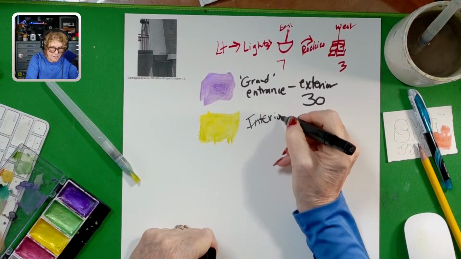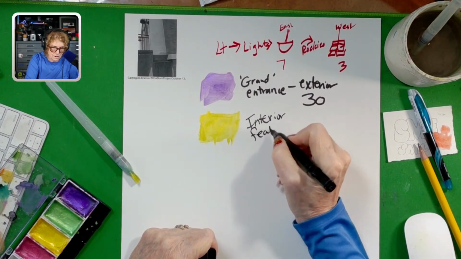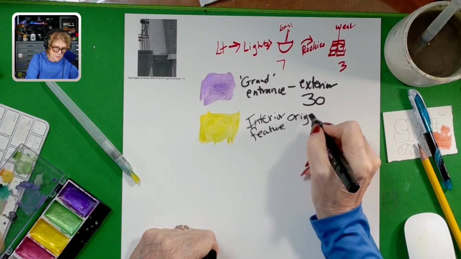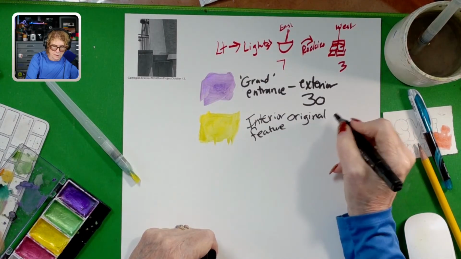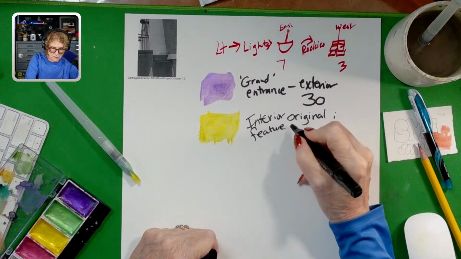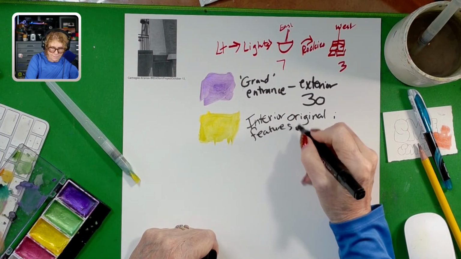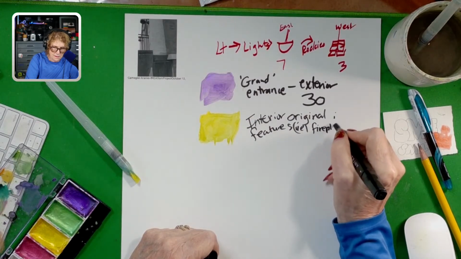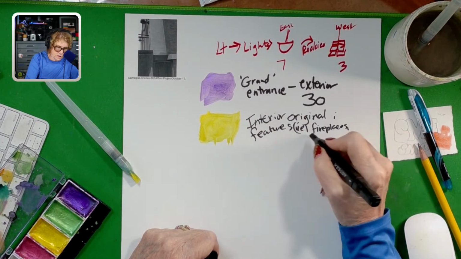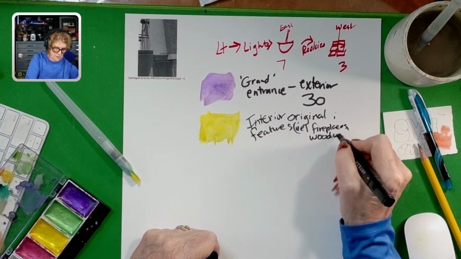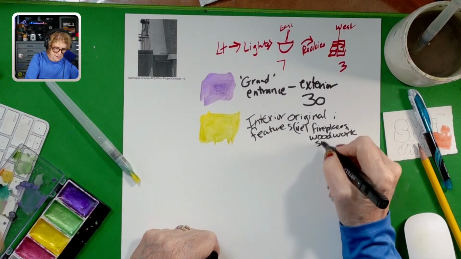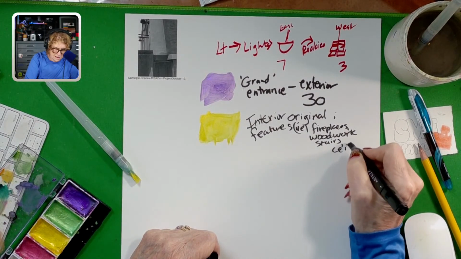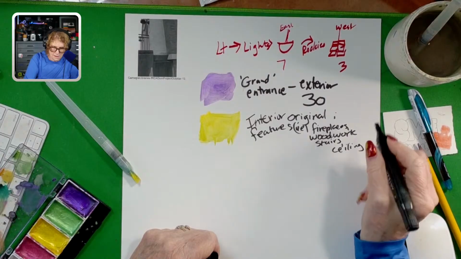Interior features. Original features, i.e. features like fireplace, woodwork, stairs, ceiling, dumbwaiter.